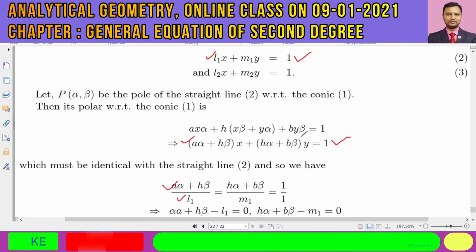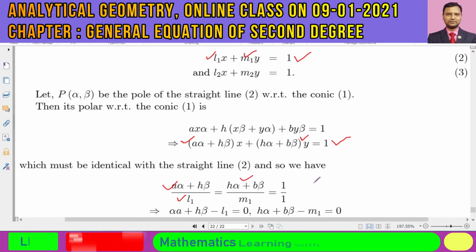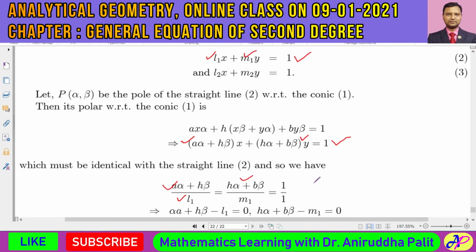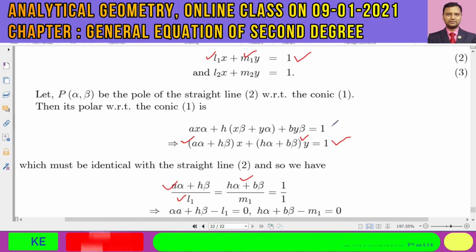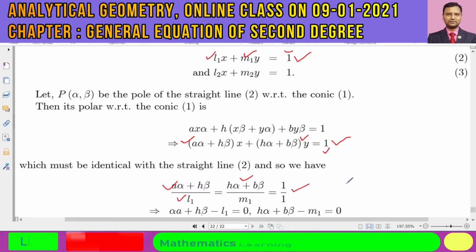The coefficient of y over here is h alpha plus b beta, and over here the coefficient of y is m1. Therefore, you can compare h alpha plus b beta divided by m1. And on the right hand side we have 1, and we have 1 over here as well. Therefore, you can write 1 by 1.